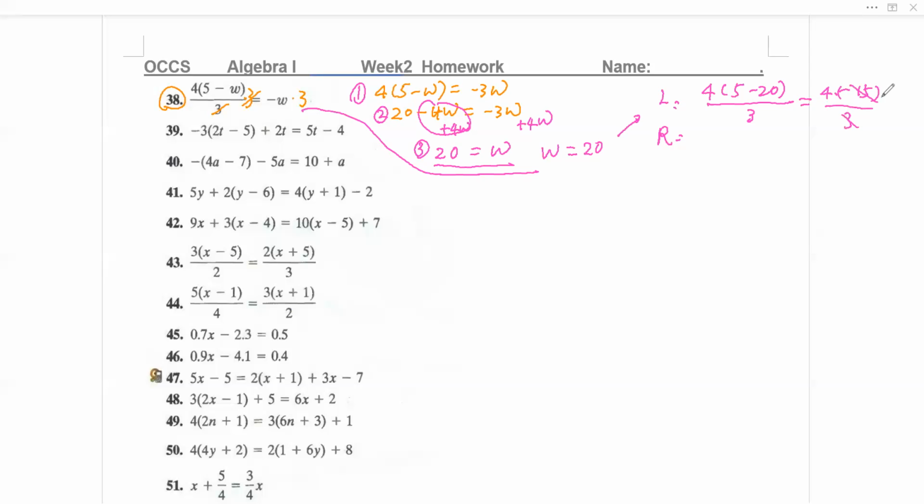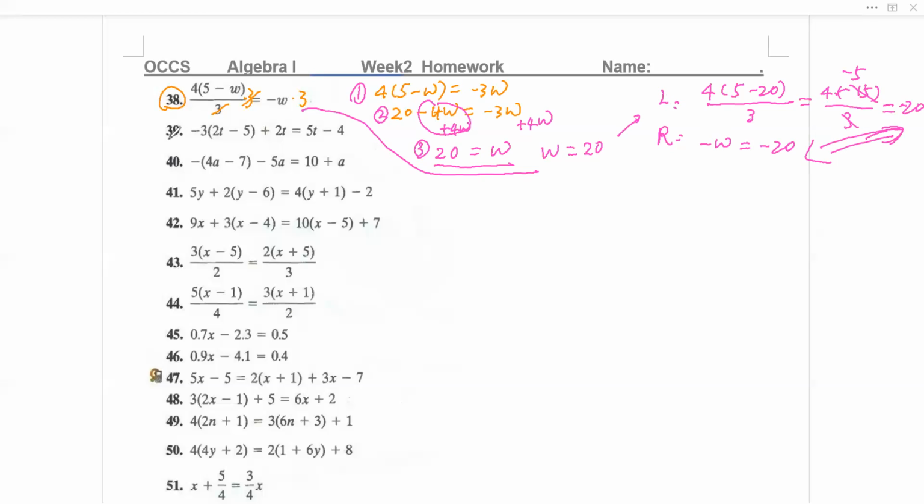So here we factor out, here became negative 5. So here we got negative 20, right? What about the right part? Right part is negative W. W is 20, so negative 20. So they match up, right? They are equal to each other. So you need to check this one, especially for very complicated cases. You need to check whether the answer is correct or not.